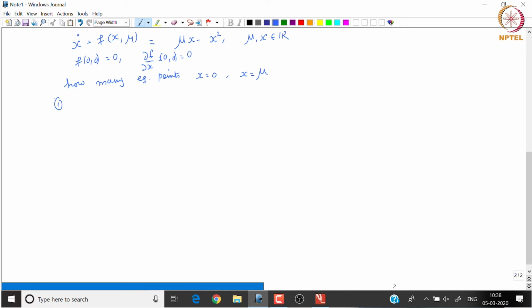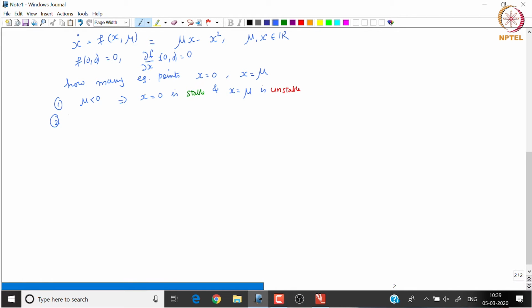Let us check the situation when mu is less than 0. In this case, x equal to 0 is stable and x equal to mu is unstable. You can check this by the Jacobi linearization or even what we did in lecture number 1.